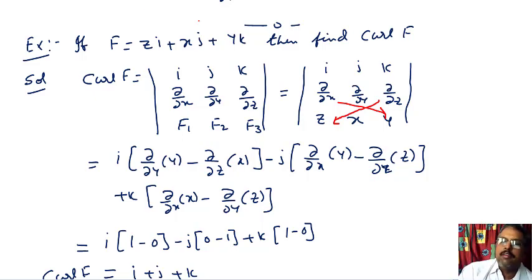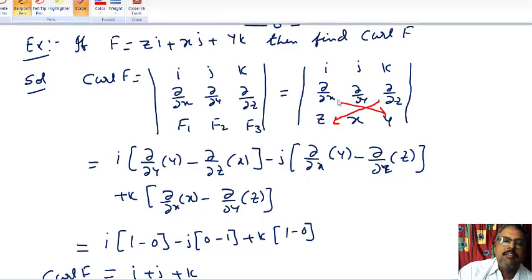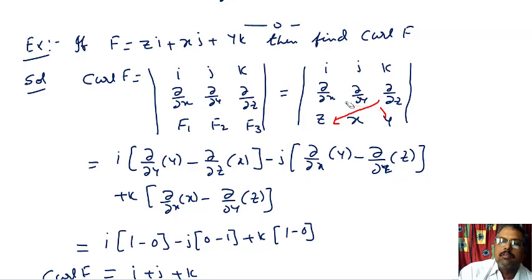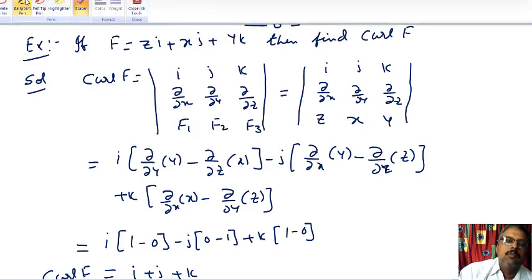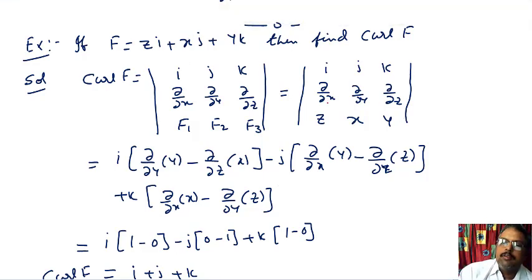Now in a similar way, k into dou by dou x of x minus dou by dou y of z.